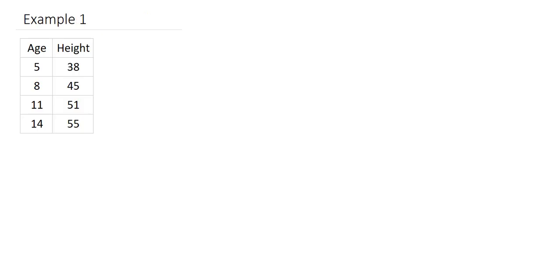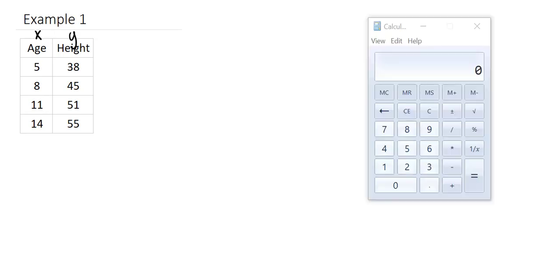Example 1. So let's find the centroid of this. We're given the age and the height. So our age is going to be our x and our height is going to be y. What we need to do is just add up all the ages together. So we need to add up 5 plus 8 plus 11 plus 14. Let's get our calculators out.